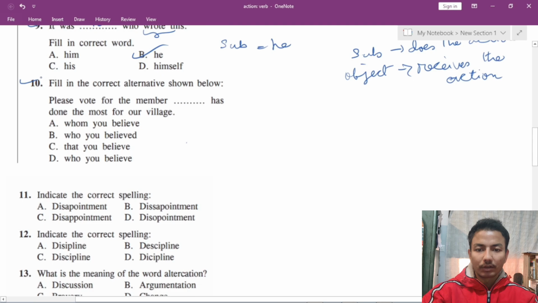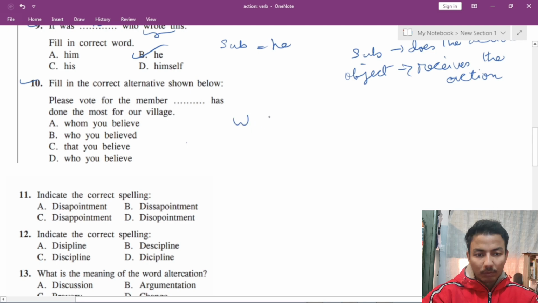Fill in the correct alternative shown below. Please vote for the member dash has done most for our village. So here what we must do is first know what the subject is.